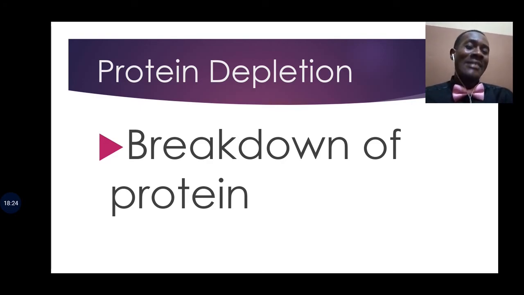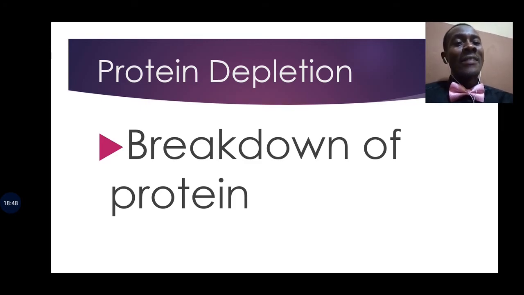And you know that protein is not necessary for energy supply. Protein is there for body repair, tissue repair, and growth. And so if protein should leave its primary function of growth and tissue repair and be used for energy supply, then the person will suffer from protein deficiency.